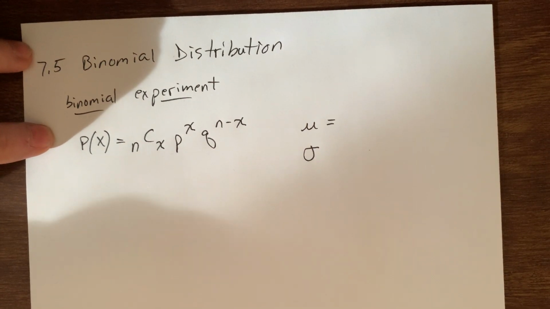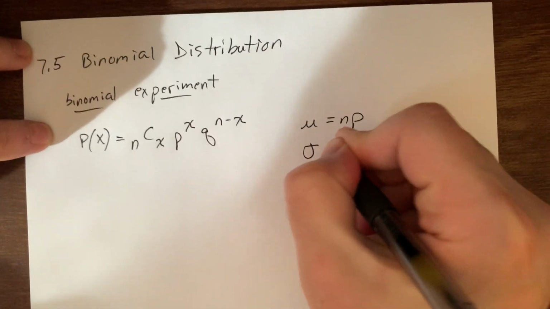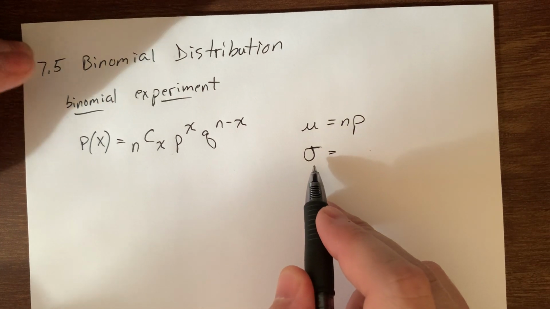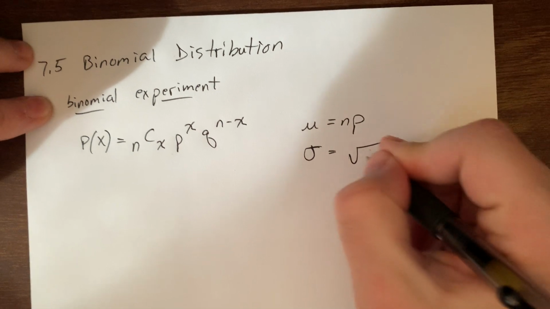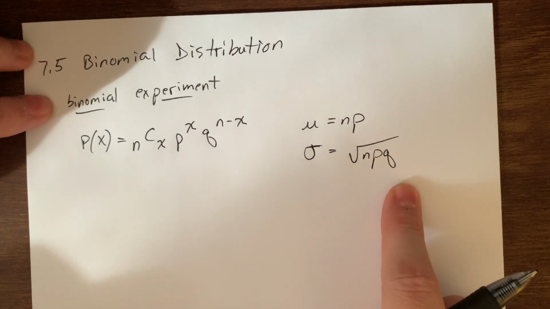And this is a very, very simple formula here. This will just be n times p. And then for sigma, the standard deviation, if we're looking at a binomial experiment, that will be the square root of n times p times q.